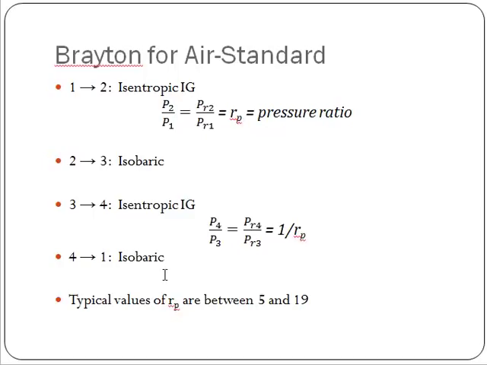As you're working problems, sometimes it's nice to have a feel for what would be a reasonable value that you would see if you were really to build something based on a Brayton cycle. Typically these pressure ratios will be on the order of 5 to maybe 19 or 20. So 5 to 19 is considered a typical set of values.